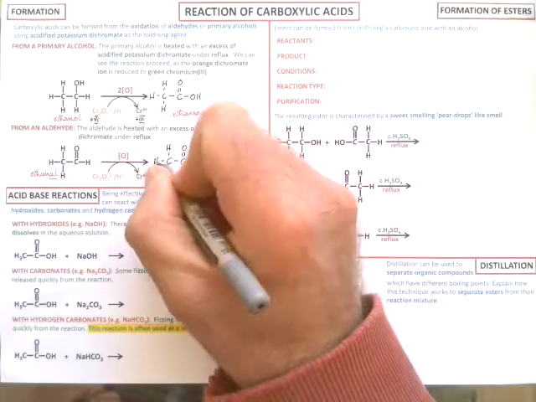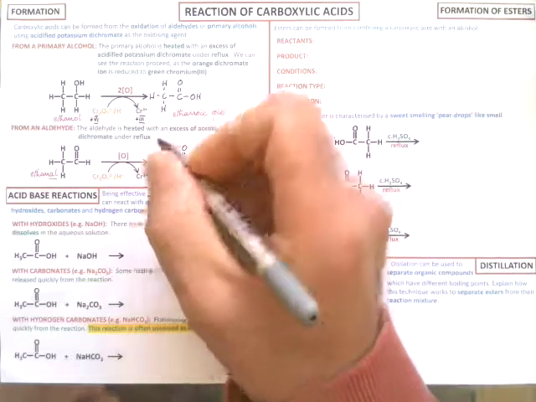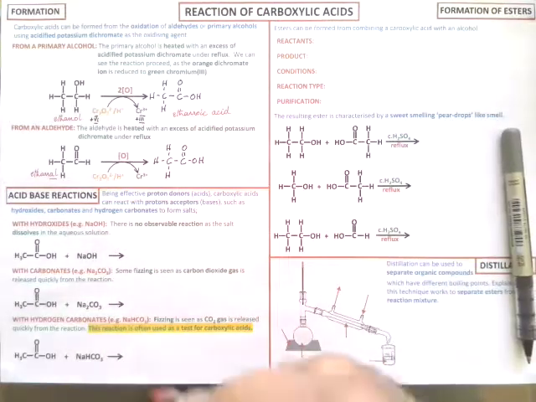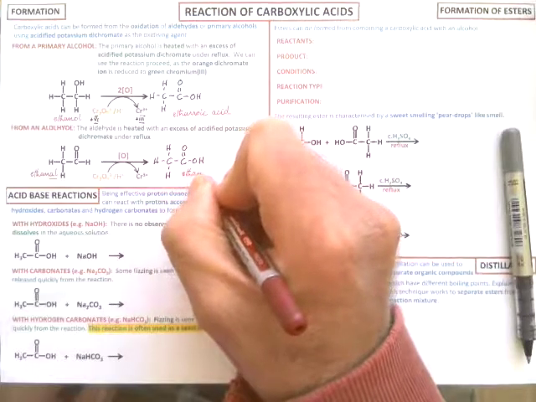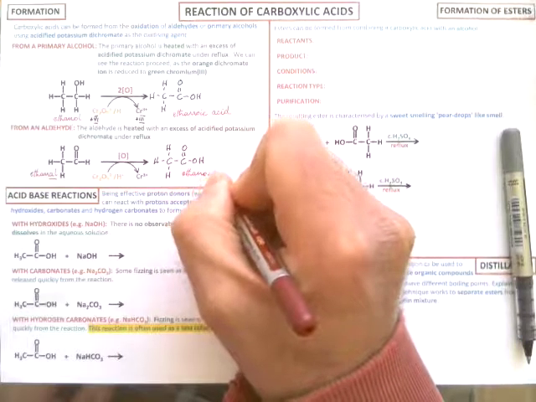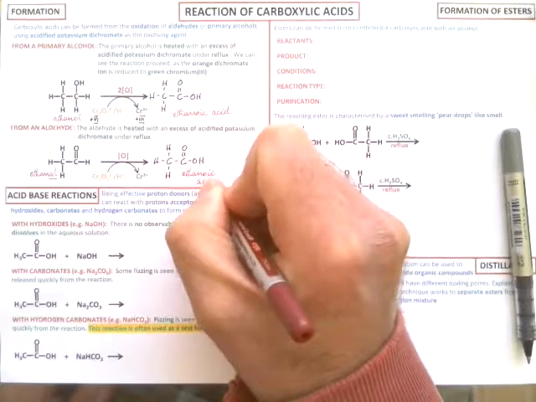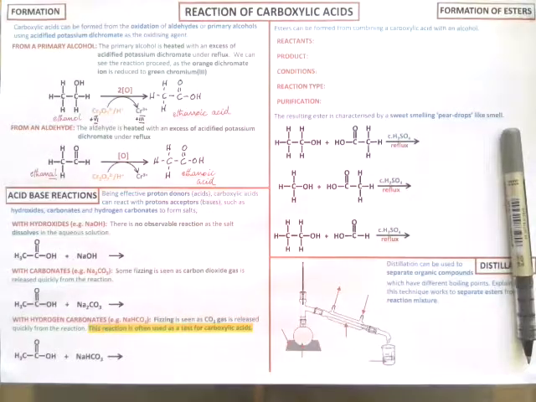And again, we'd see that orange to green colour change as the potassium dichromate was reduced. Ethanoic acid being formed again here. So that's the main way of forming carboxylic acids.